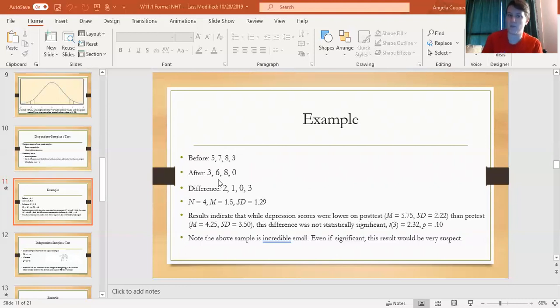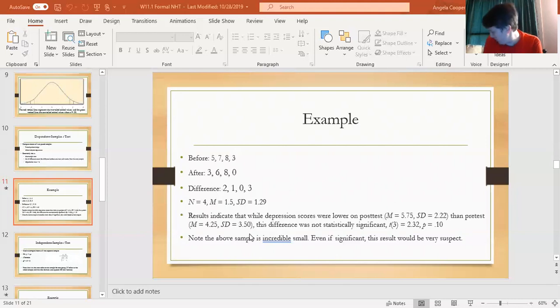Jim scored 7 first and then 6 second. Tammy scored an 8 and then an 8 again. And Joe Exotic scored a 3 and then a 0. The n equals 4 is the number of difference scores. For the mean, we're taking the average of the 4 difference scores, and for the standard deviation, we're taking the standard deviation of these 4 difference scores.